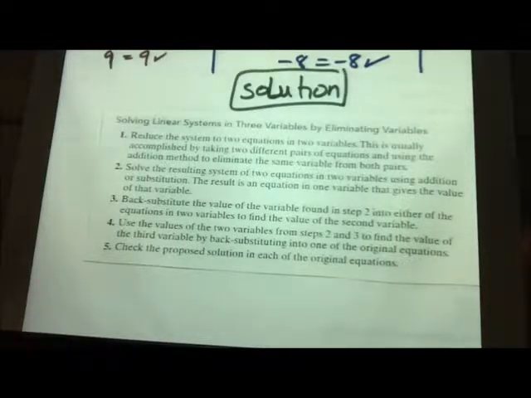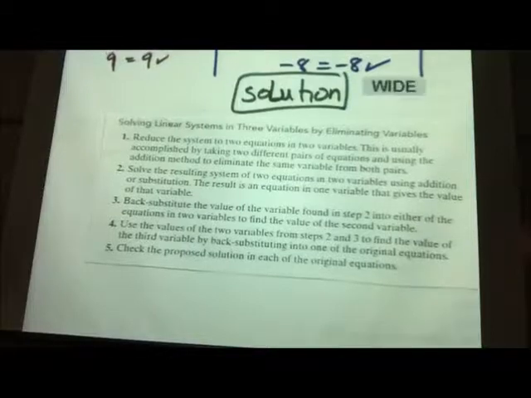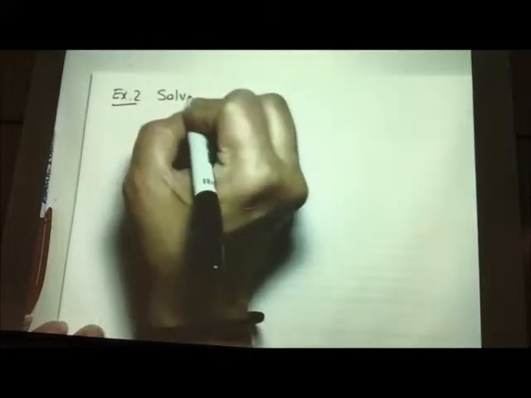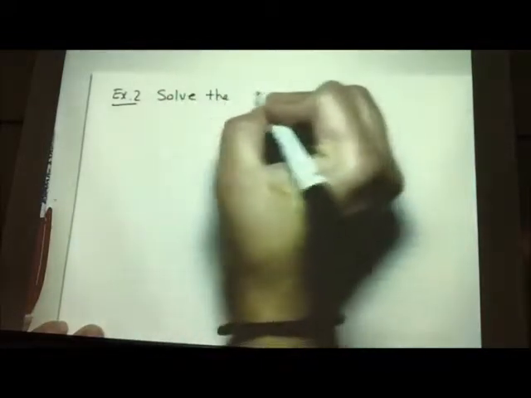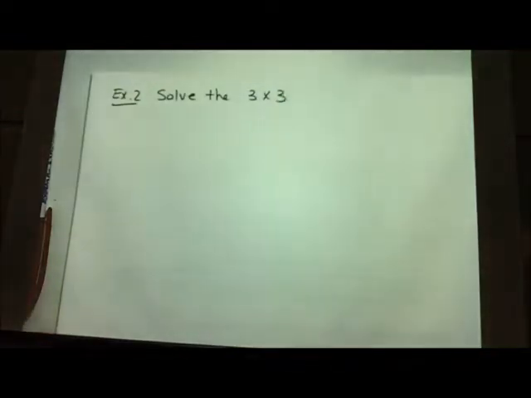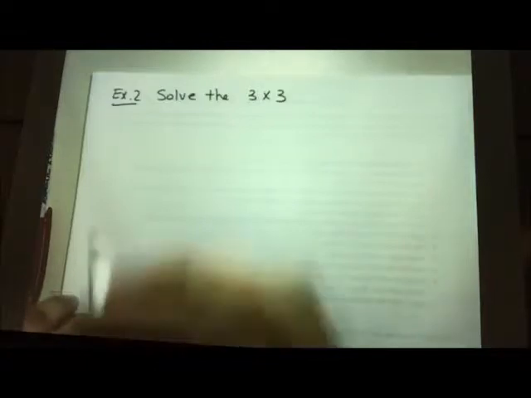So let's look to see what example 2 is going to look like. And it might take the whole page, so please bear with me. I am changing pages. I'm going to keep this close by just in case I need it. So, example number 2. Solve the 3 by 3. 3 rows, 3 columns. That's 3 variables and 3 equations.